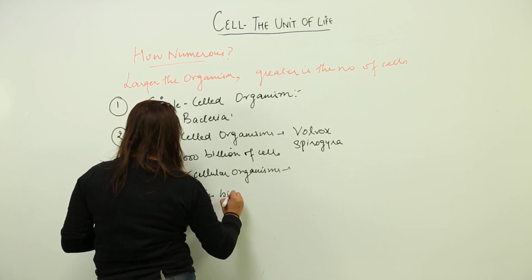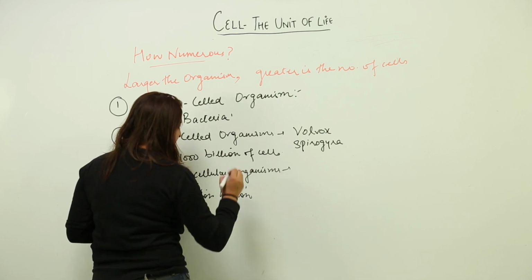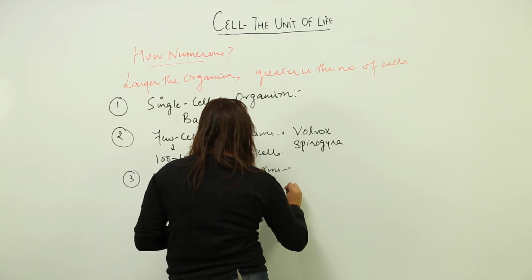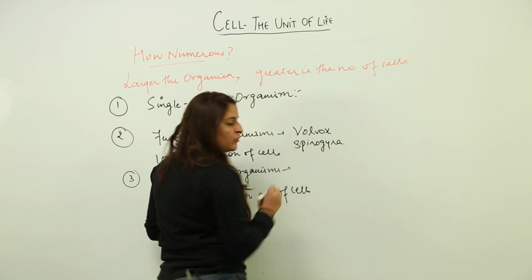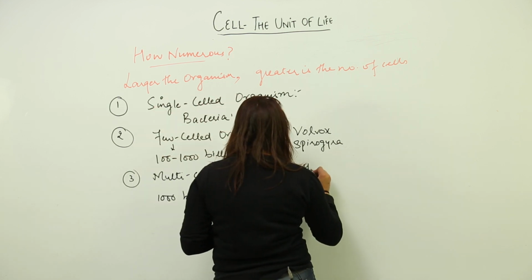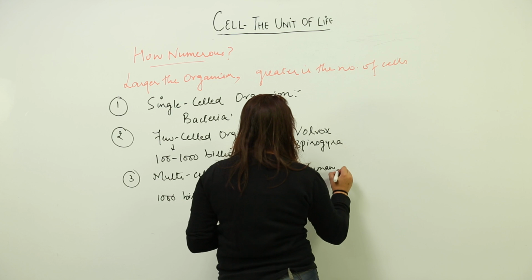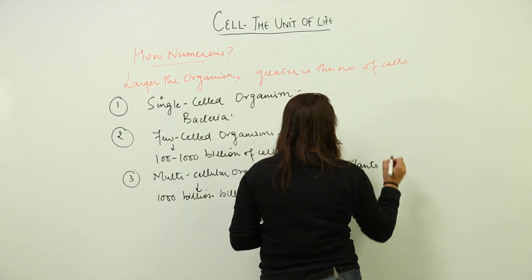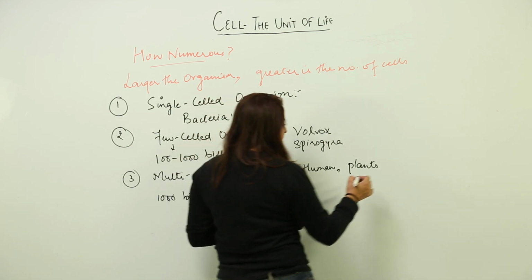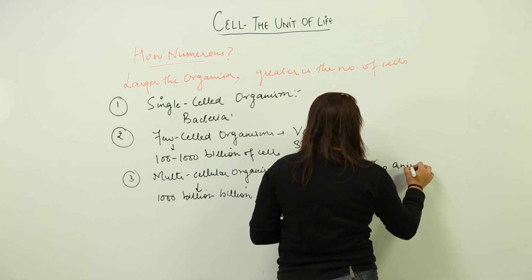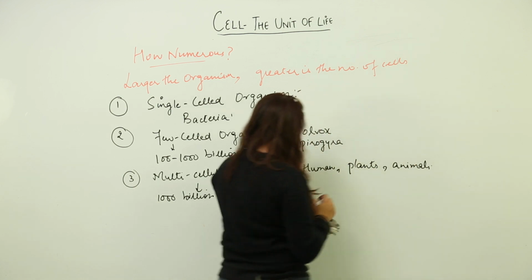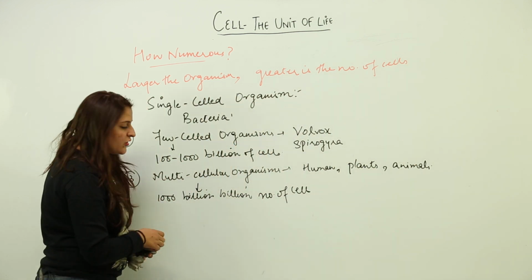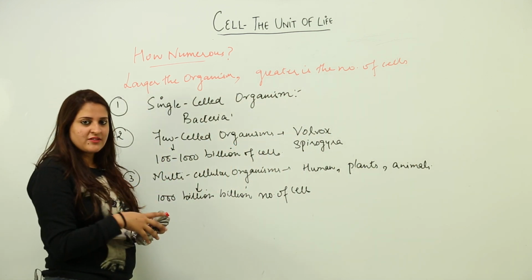That's why we call them multicellular. So it's very clear that human beings come under the category of multicellular organisms, as do various plants including mango trees, apple trees or any other tree, and various other animals.